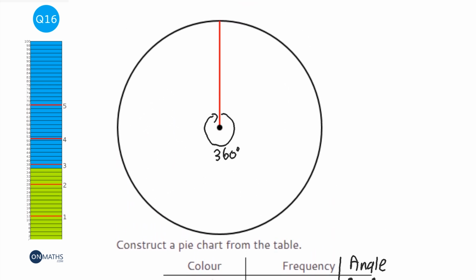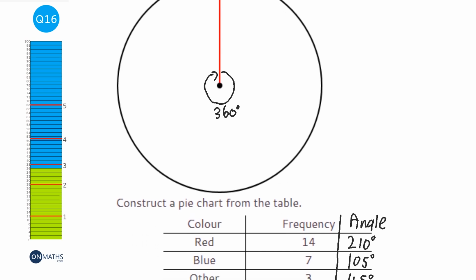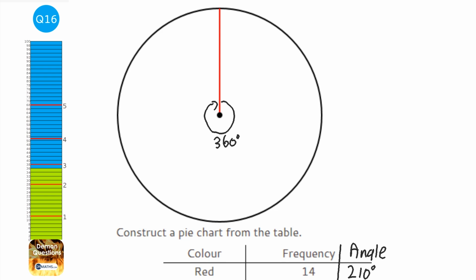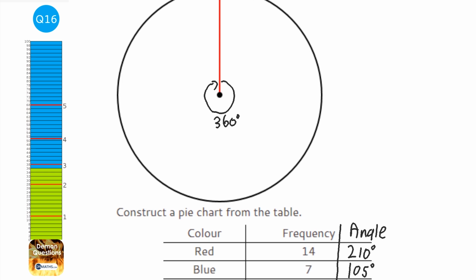And then you need to plot it onto the pie chart. Now, I don't have a protractor on this, so I can't physically do it. And to be honest, it's much more helpful to physically print this out, do it on a piece of paper, and get someone to help you use the protractor if you're not 100% sure. That 210, for instance, what I would do is probably draw a straight line down here, like a mini sort of working out line, and do 210 take away 180, which is 30, and do sort of 30 extra degrees, which is going to roughly be there.